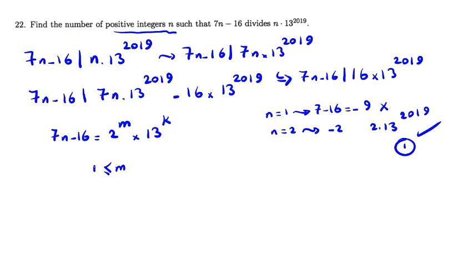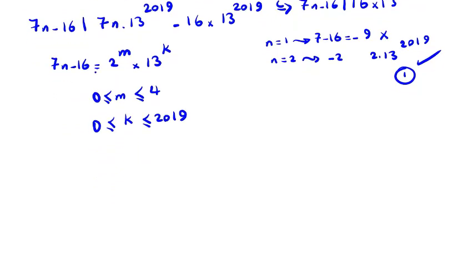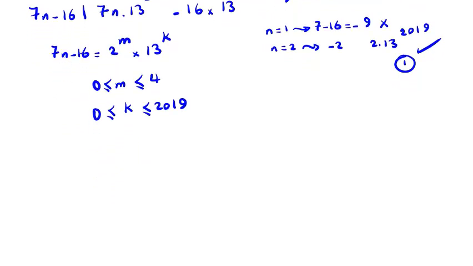So m is between 0 and 4 because it divides 16 times this. 16 is 2 to the power of 4, and k is at least 0 and at most 2019. So here, the only condition we have is that this number, 7n minus 16, mod 7 is negative 16.